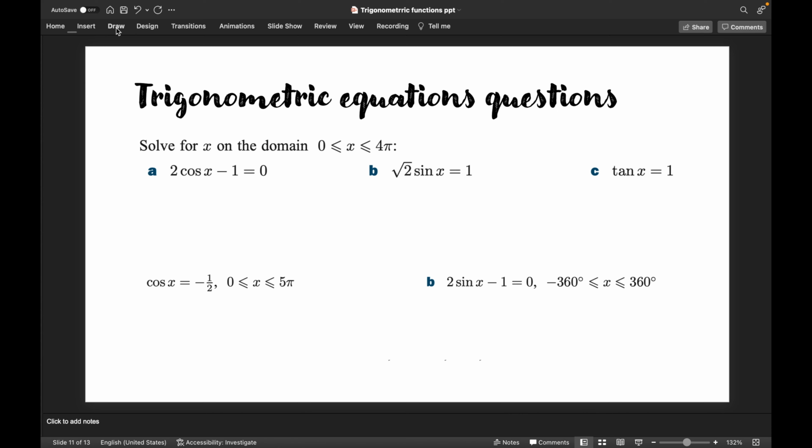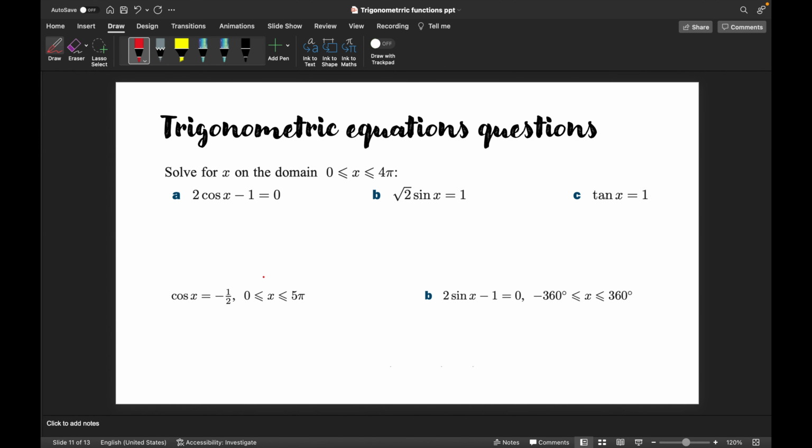Okay, now let's solve this. I'll just solve it here only. We have to solve this for the domain 0 to 5 pi. So cos inverse of minus 1 by 2 is 2 by 3 pi, and then it will be, not pi, sorry, 2 pi minus that, which is 4 by 3 pi.